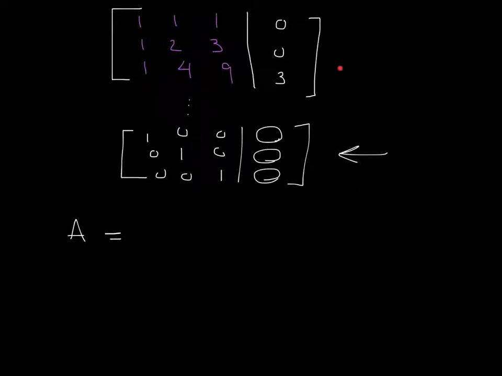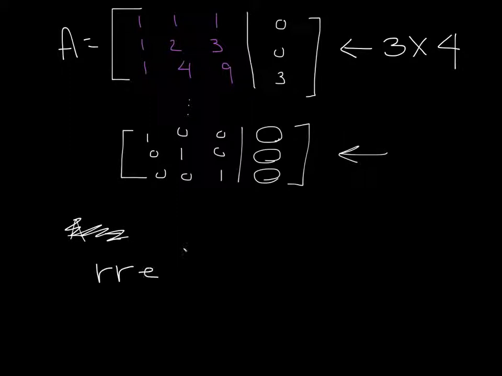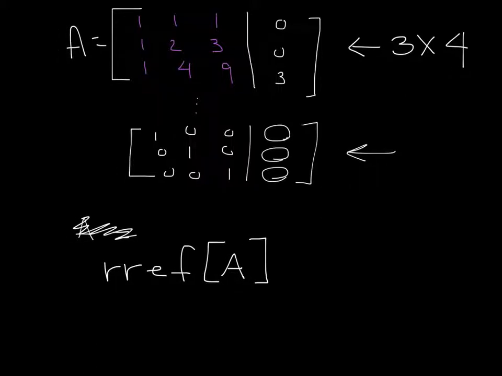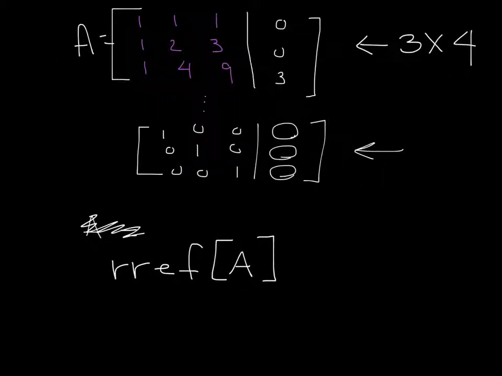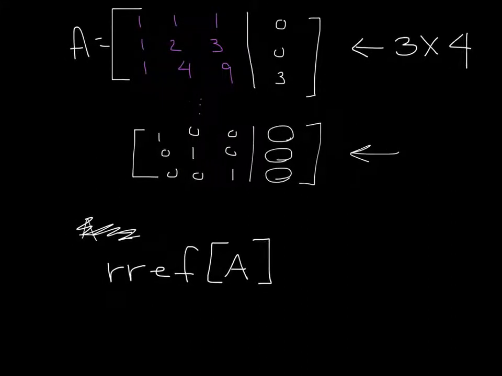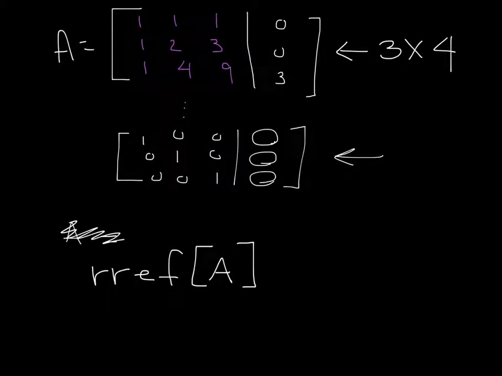So this guy, my A, is a 3 by 4 matrix. And what I want to do is use the function RREF, which stands for reduced row echelon form, and then I'm going to input my A, and it's going to give me a nice matrix.